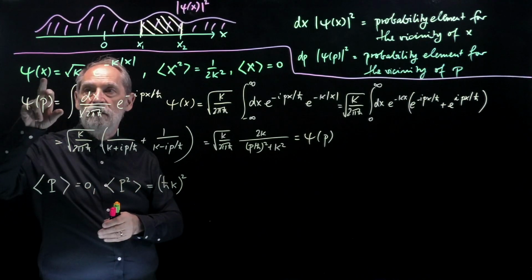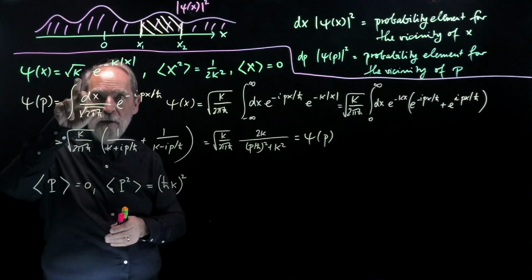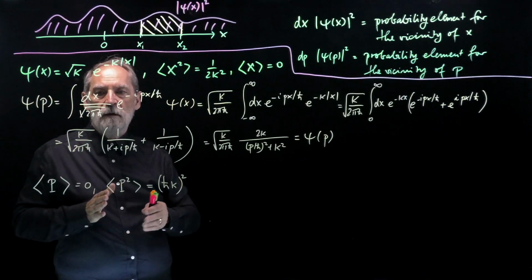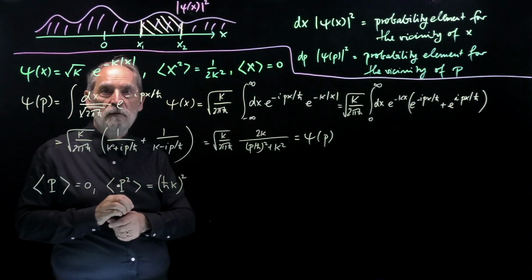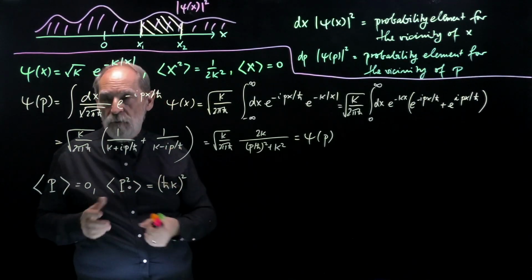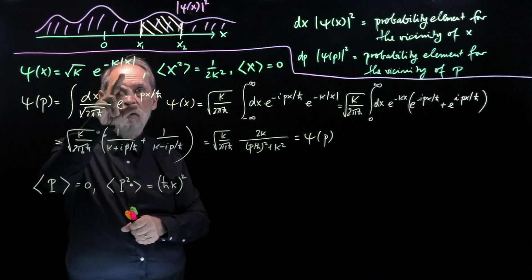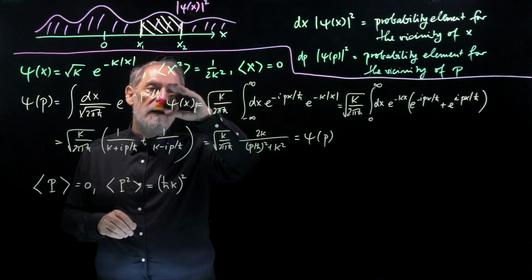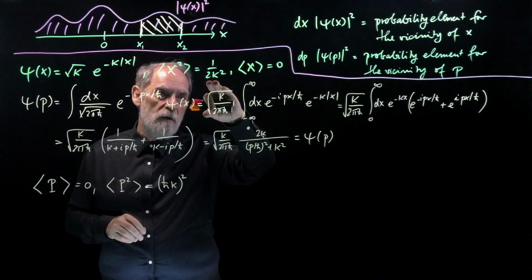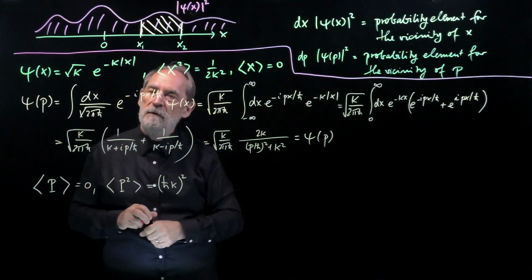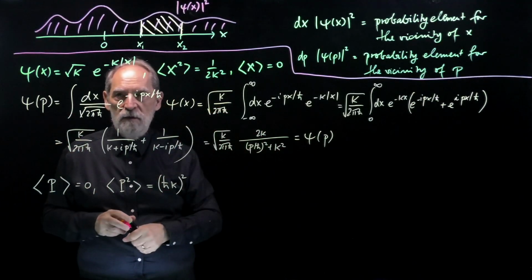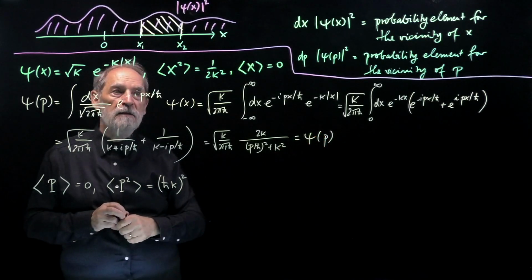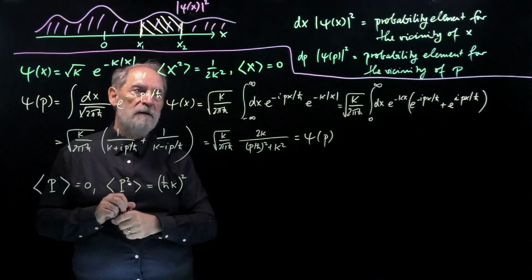So if kappa is big, then the distribution in x will be very well localized around x equals 0, and there will not be a big contribution to the overall probability from large values of x. Correspondingly, the mean value of x squared will be small when kappa is big. And conversely, when kappa is small, this distribution is very much spread out in x, and we will have a large value for x squared.